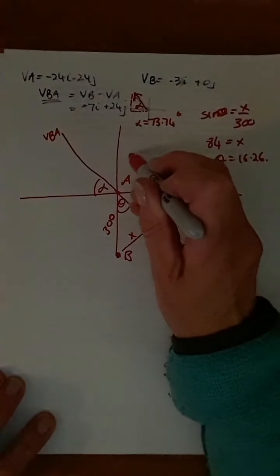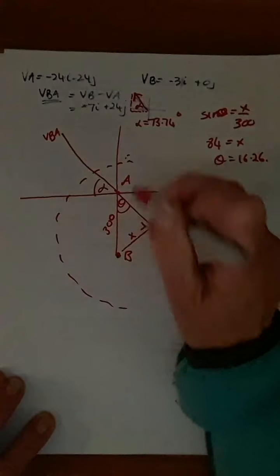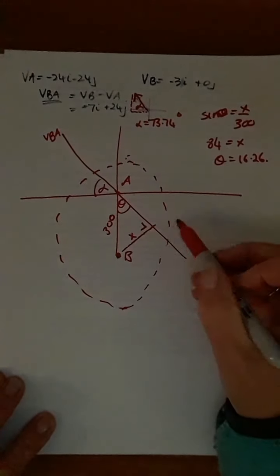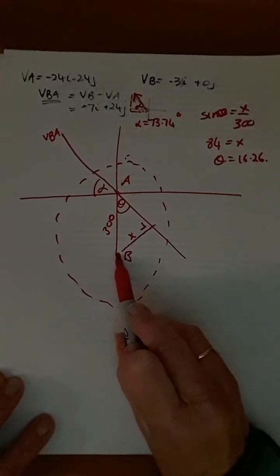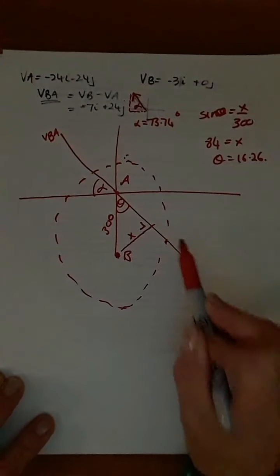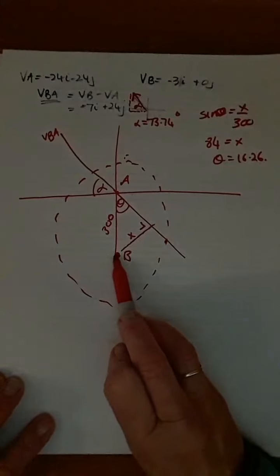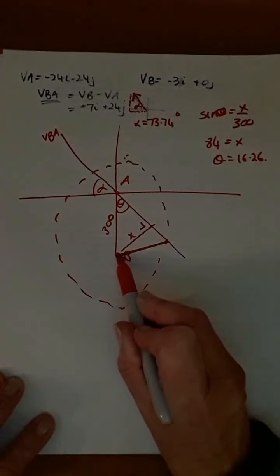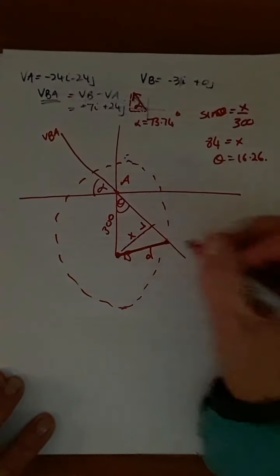I have no idea what this d is. But I do know that the distance from B to the relative velocity line is this distance d.